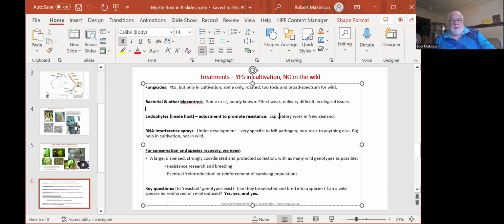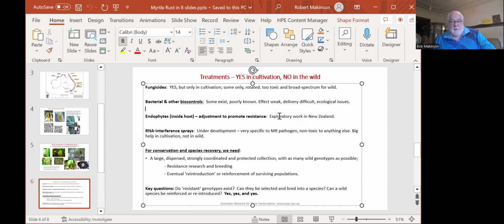We also need a big library of ex situ material, living material, because for eventual reintroduction, we don't just want to put back clones. South Americans have been breeding for resistant eucalypts for decades now, quite successfully, for another variant of this disease. But they're interested in clones, or at best land races with minimal variation.